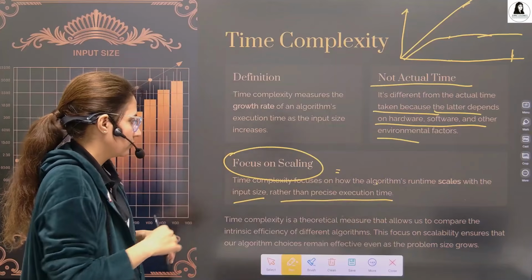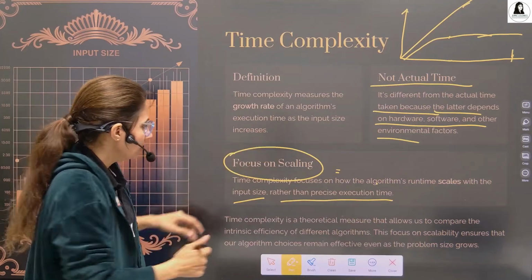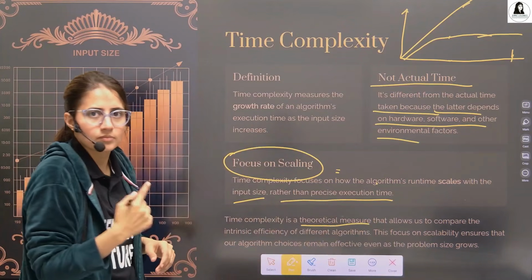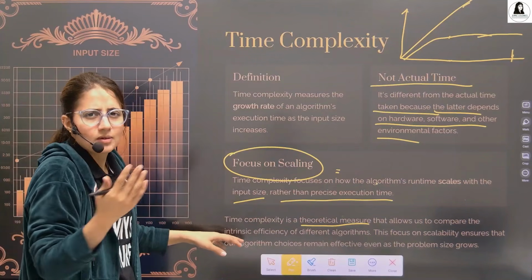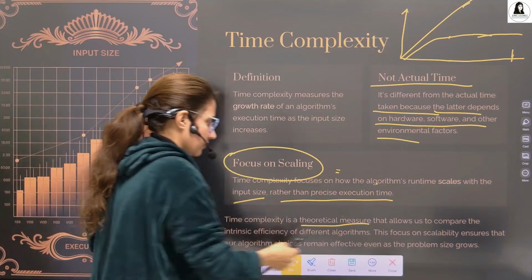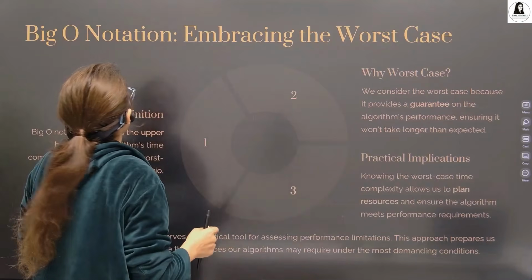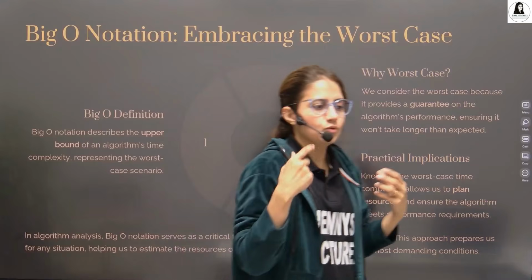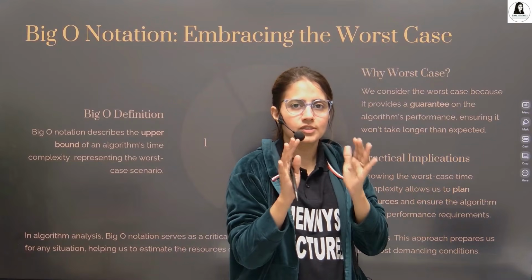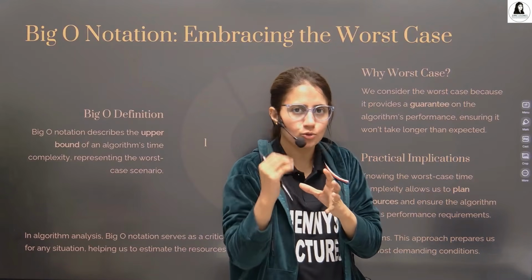How is the growth? It is basically a theoretical measure, not practically in seconds or milliseconds. It's a theoretical measure that allows us to compare the efficiency of different algorithms. Okay. Now, next is Big O notation. I have already told you, generally it is the worst case complexity, and why we consider the worst case, that also I have told you.